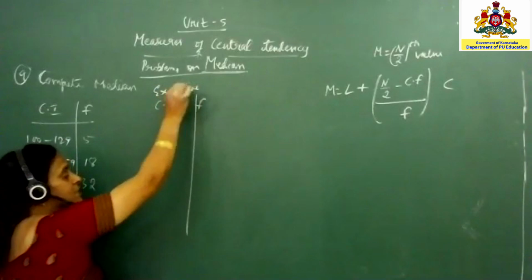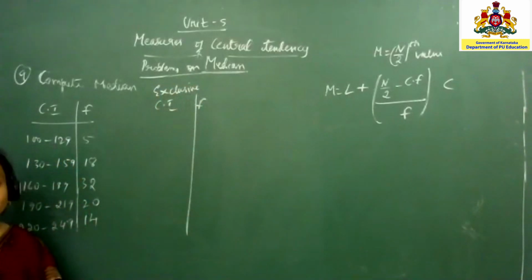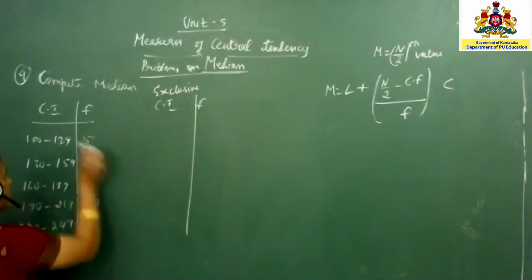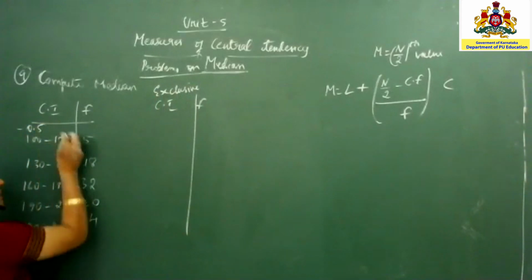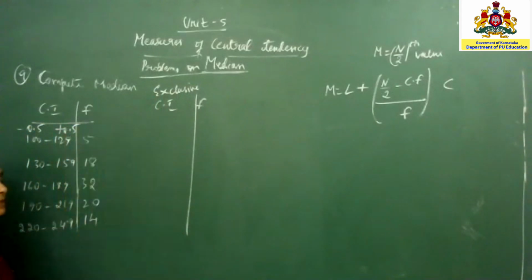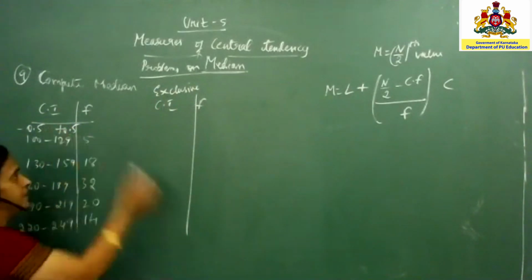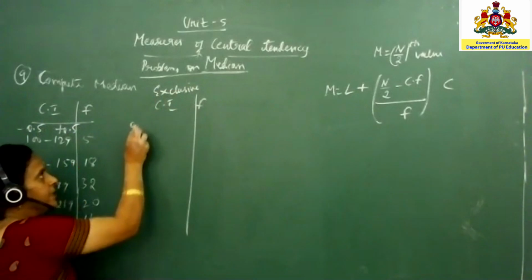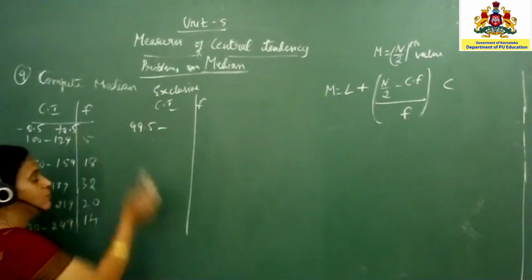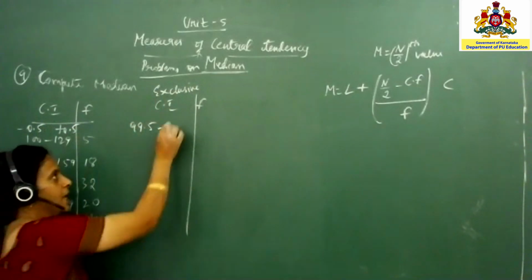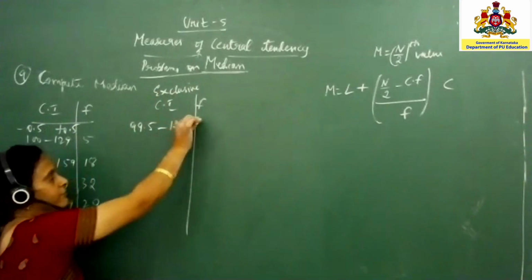Previously I told you how to convert using the correction factor. For the lower limit, subtract 0.5, and for the upper limit, add 0.5. That 0.5 is called the correction factor. So 100 minus 0.5 gives 99.5, and 129 plus 0.5 gives 129.5.